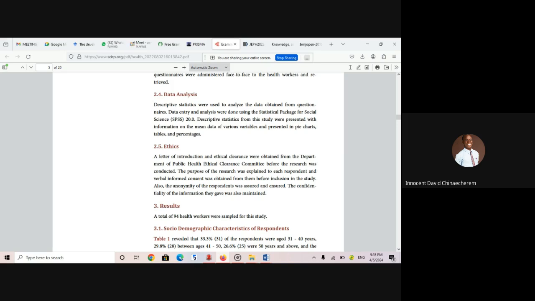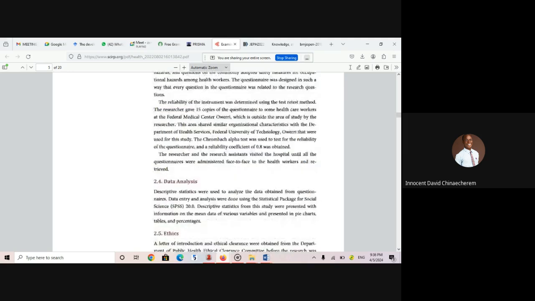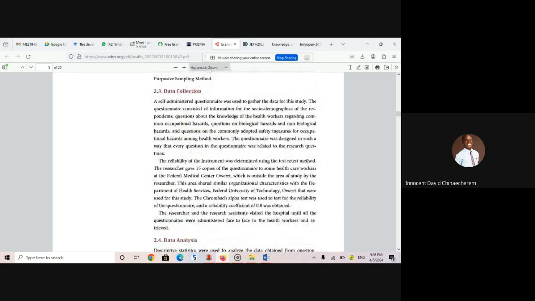And if it's an RCT or an experiment, then we can actually have a section where we say, okay, these are the outcome measures. But generally, in our tool here, you can see that we stated that it consists of information on demographics and questions on this and that. So all these are questions that we use to ascertain our outcomes.